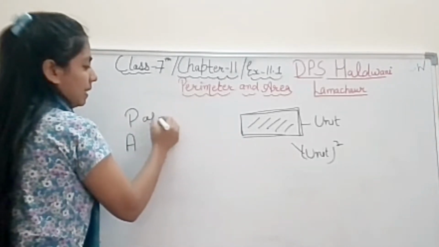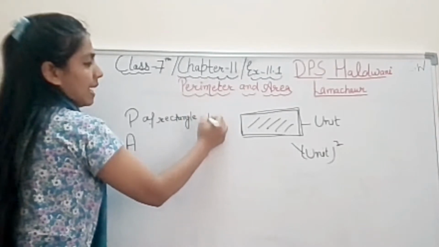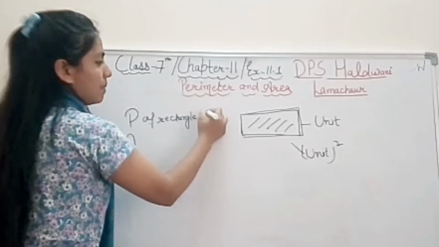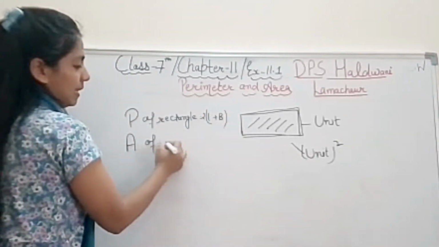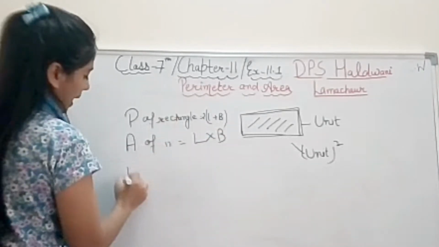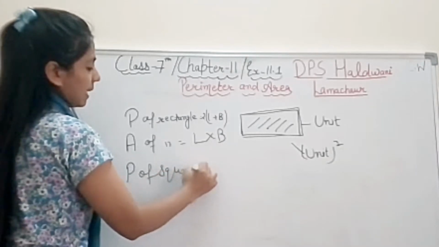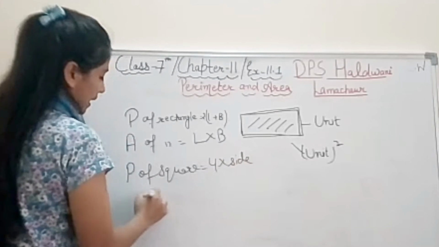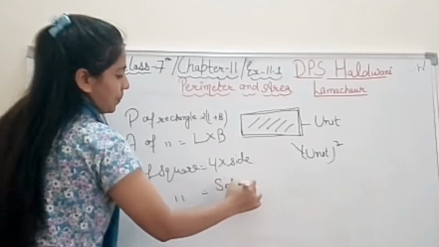Perimeter of a rectangle, as you know, is the sum of all sides: L plus B plus L plus B, which means 2 times (L plus B). The area of a rectangle is length into breadth. Similarly, the perimeter of a square is the sum of all sides, that is 4 into side, and the area of a square is side into side.